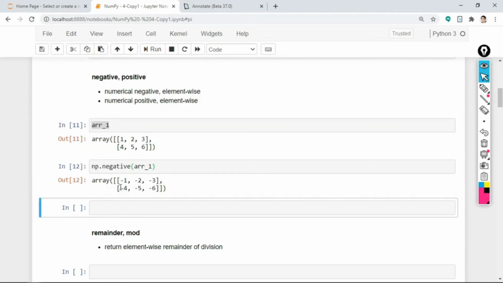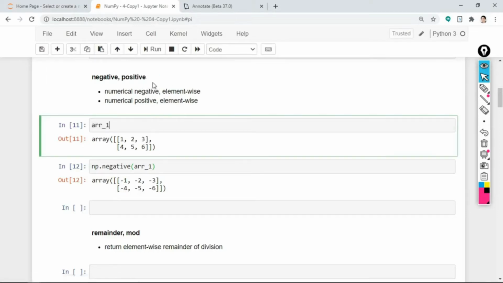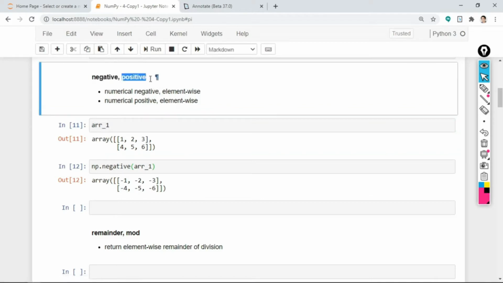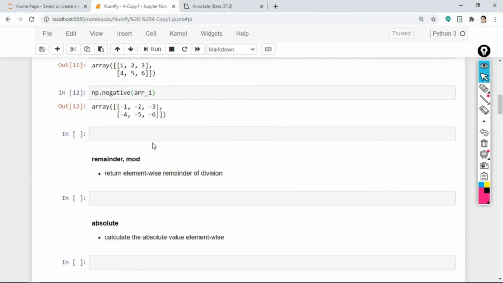It just translates the specific values element-wise into negative values. I will not execute the positive one anymore, so you know the difference. If you have a positive number and a negative number and you use np.positive, it will just convert it into positive numbers. So you're familiar with this one.